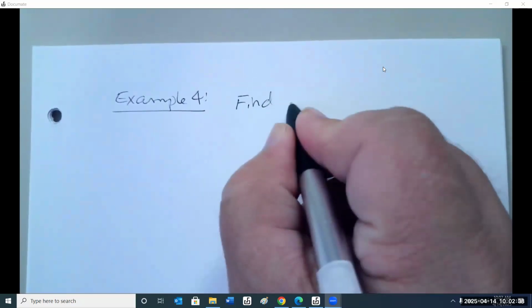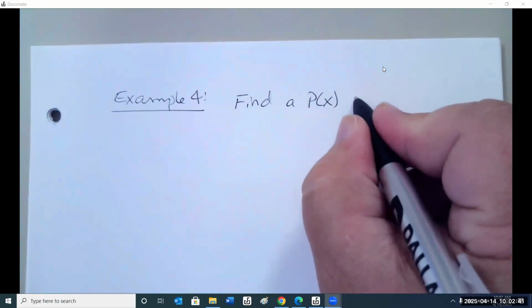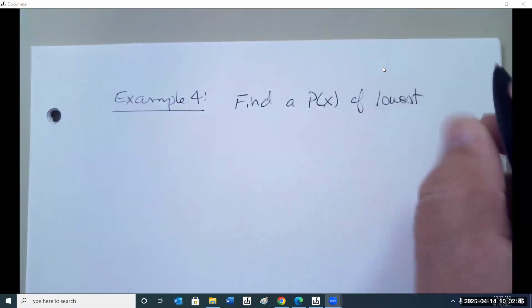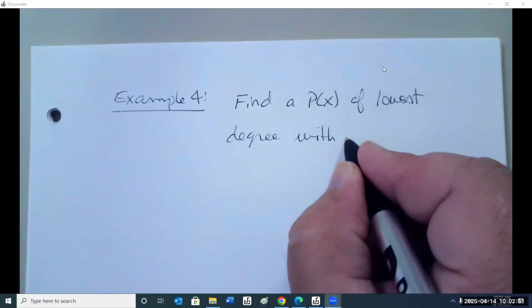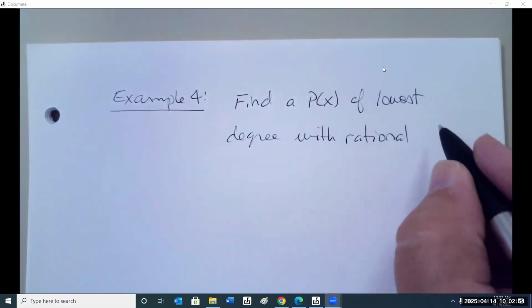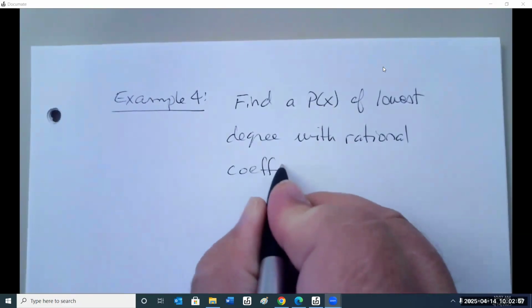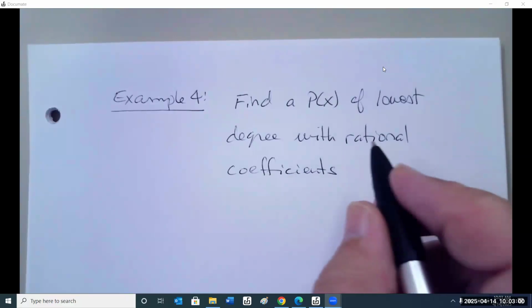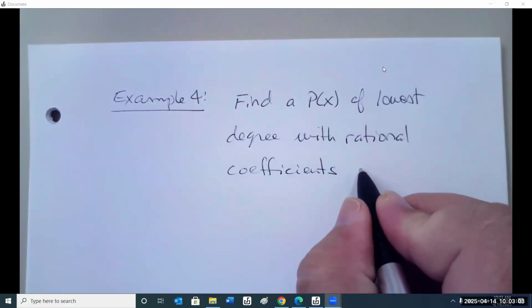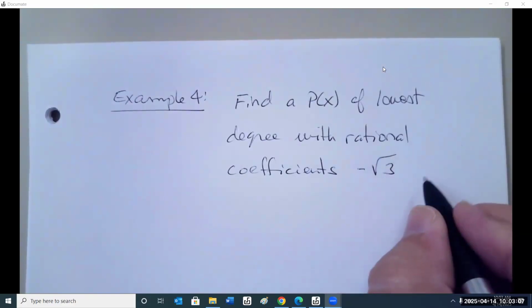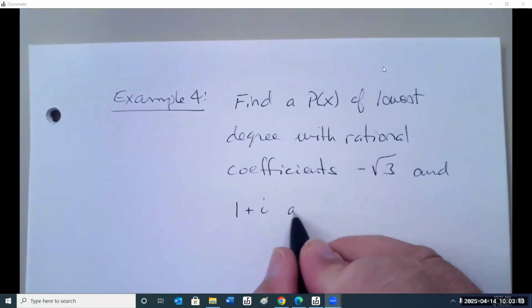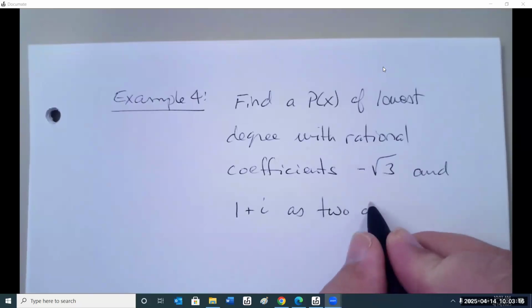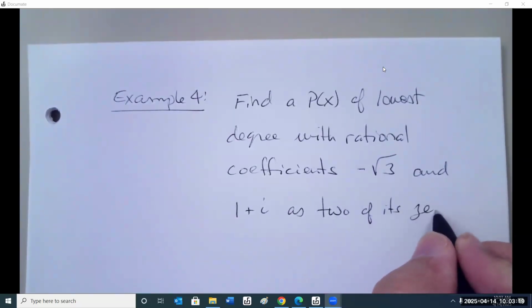Example 4. Find a polynomial of lowest degree with rational coefficients with negative radical 3 and 1 plus i as two of its zeros.